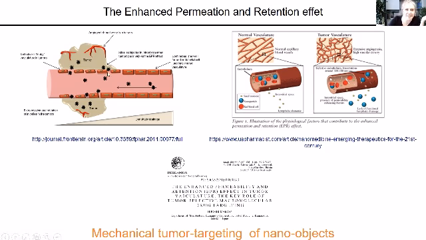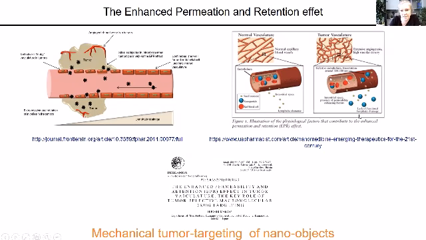This is the reason why the vasculature of tumors is leaky with some holes in it. And the immediate consequence is that nanoparticles can selectively exit to the tumor tissue because of the leaky nature of the tumor vasculature. So it's a kind of mechanical tumor targeting of the nano object.